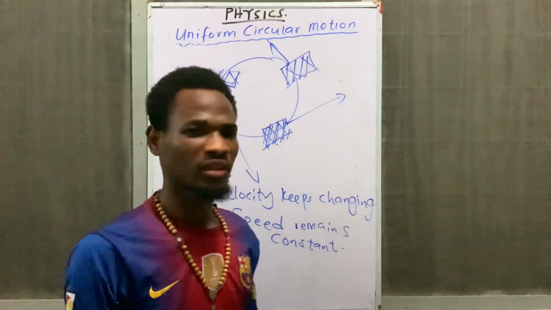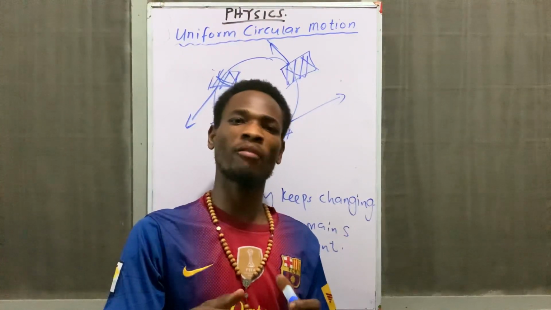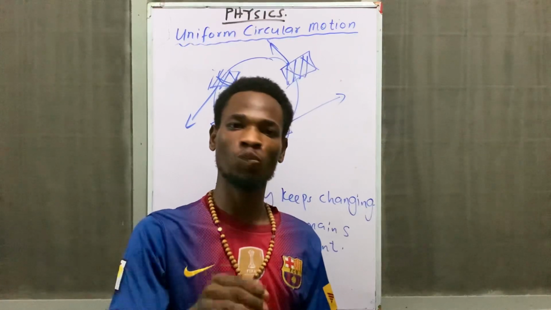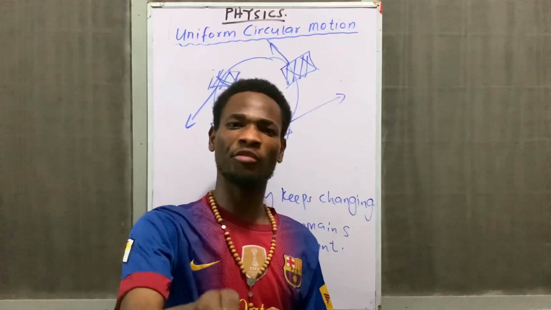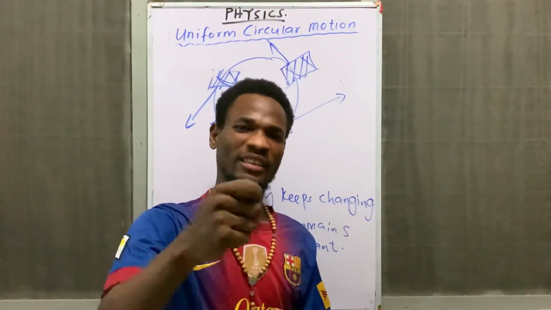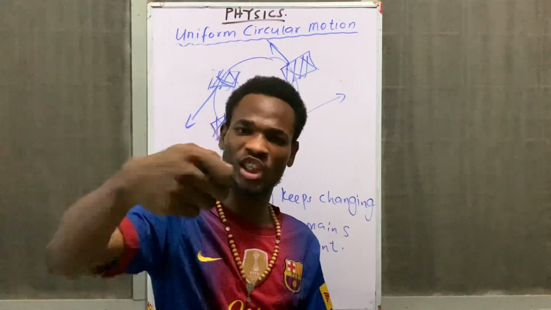Please, are you okay? The speed of the body along a circular path, or whenever a body is performing circular motion, remains constant. It doesn't change, but velocity is affected, all because direction keeps changing.